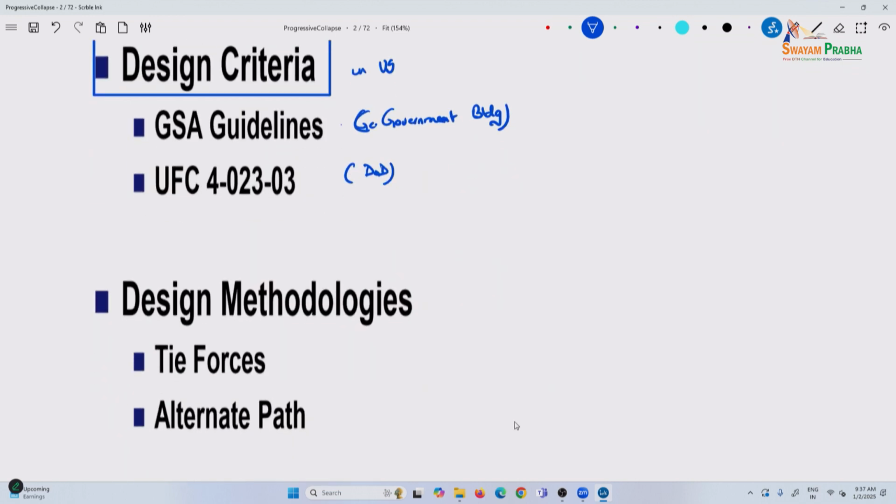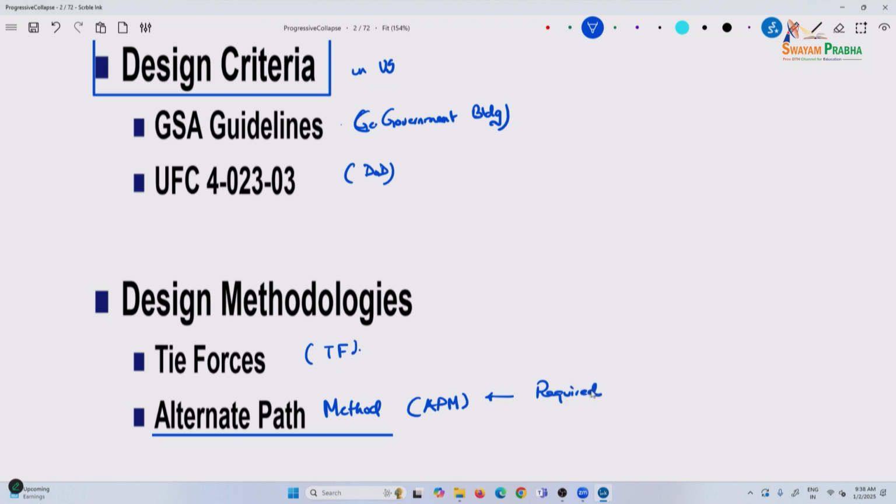And there are two different methodologies. The tie force method, let us just abbreviate it TF for now, and an alternate path method, which we will call APM.